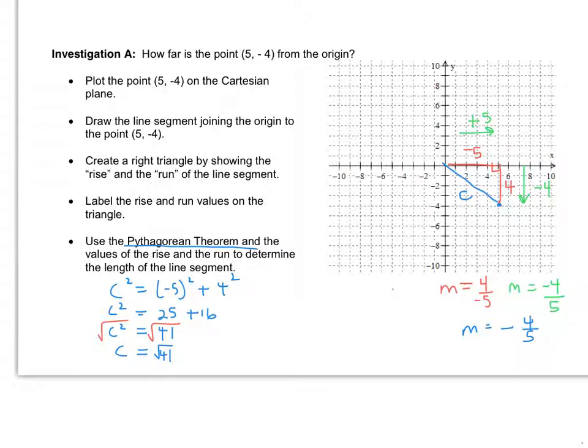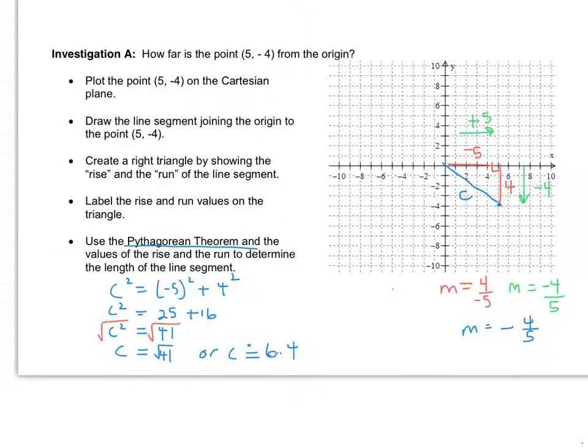So the square root of 41 is the exact value, or we could say c is approximately equal. We put a dot over top of the equal sign to indicate that we are rounding, and I believe that's 6.4 to 1 decimal place, so approximately 6.4. Okay, now we're going to slide over to the next side.